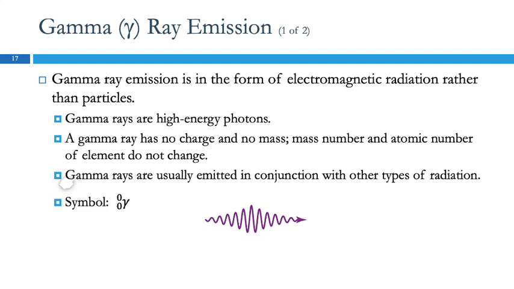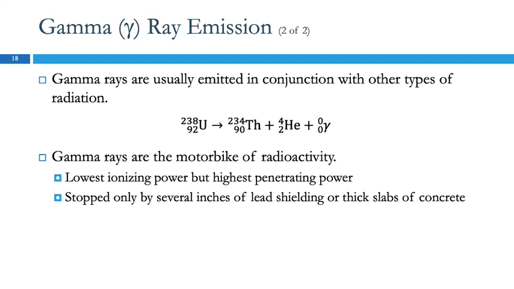Gamma rays usually are emitted with another type of radiation. The symbol is the Greek letter gamma, 0, 0. And so it's not going to affect mass number or atomic number. It's just radiation, energy being given off. So it usually comes with another type of radiation. So here we have uranium, and what kind of a particle is this?